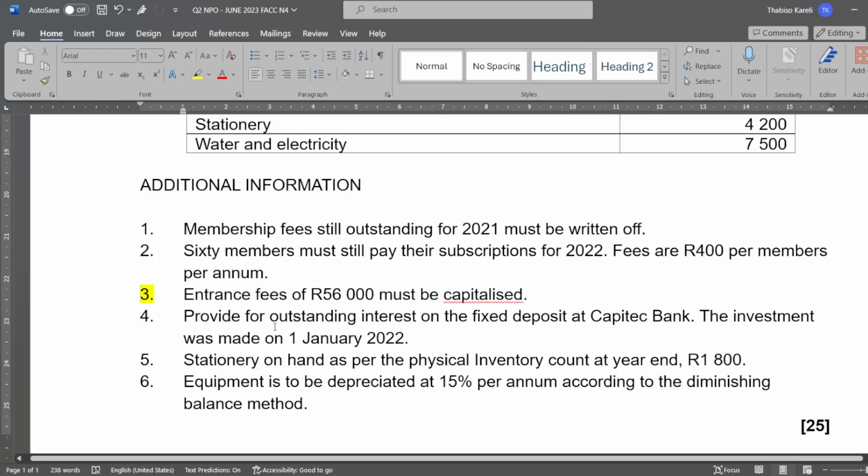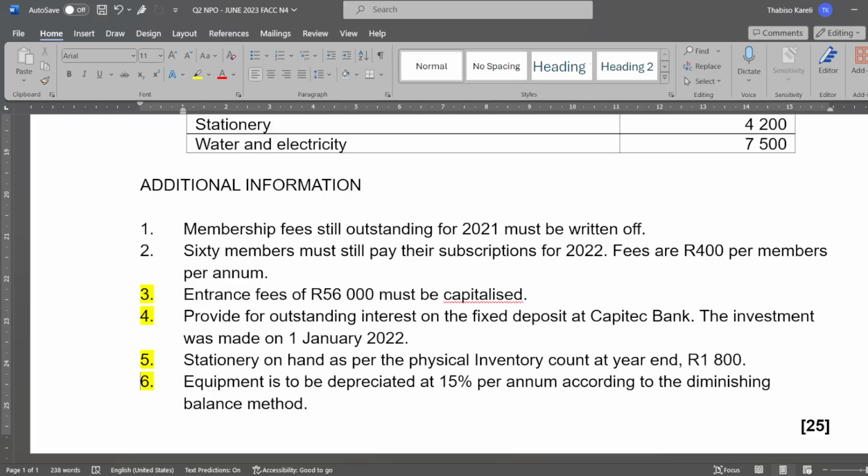Number 4, provide for outstanding on fixed deposit. I will come back to it as well. I want us to complete first with the membership fees. And then number 5 is stationery. Means also the stationery, we'll come to it. And number 6, meaning these are those that affect the income and expenditure. We'll come back to them.